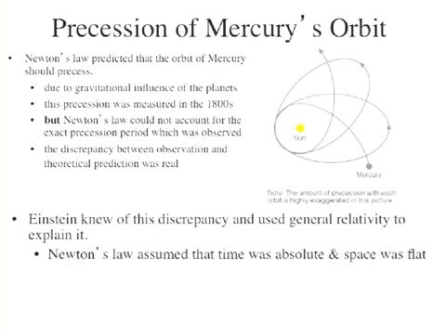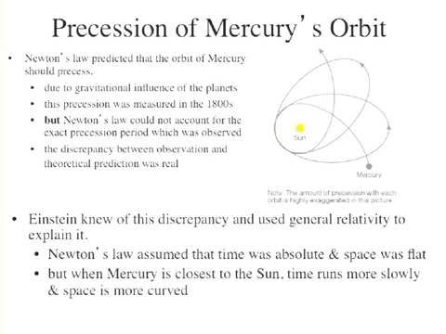Newtonian physics assumed that time and space were absolute and flat, and it turns out that when Mercury comes to the closest point of the sun, the clocks move a little more slowly, and space is more curved, and there's another term that gets added to the forces that are pulling the sun and the earth together, and a slight deviation is seen from the 1/r² force of Newtonian physics.